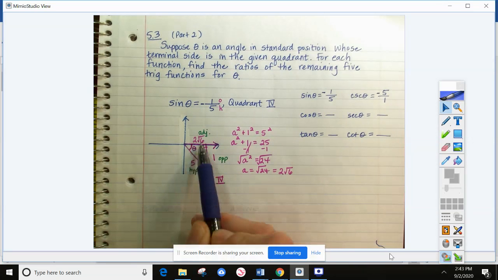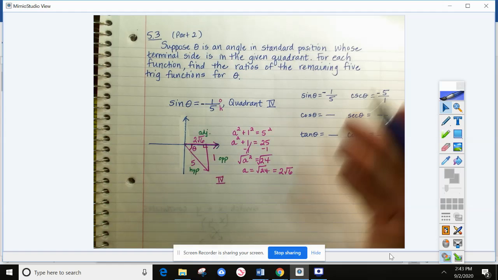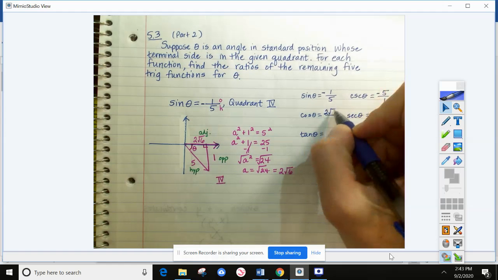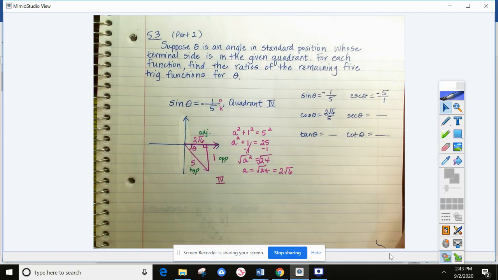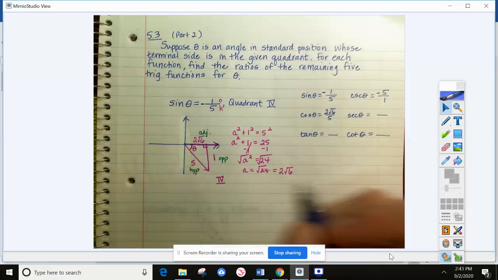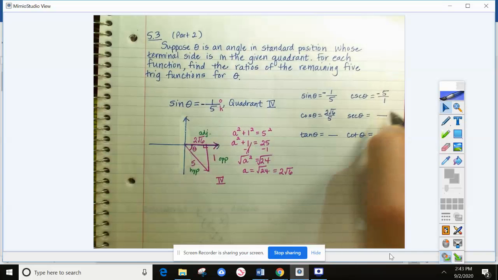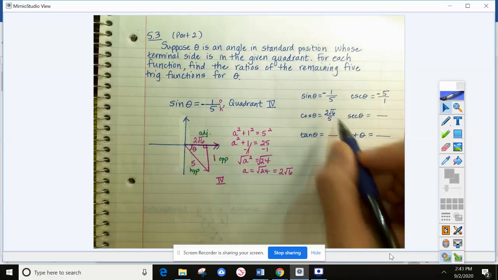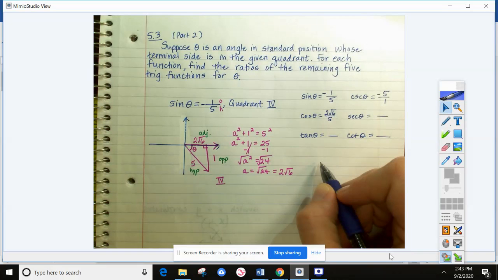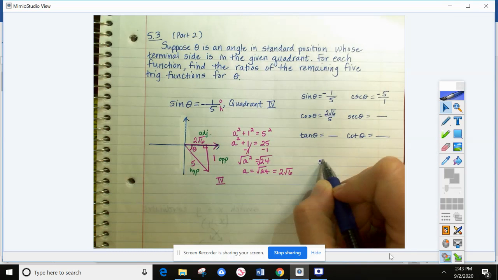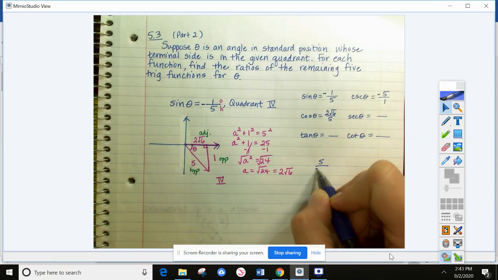Cosine is adjacent over hypotenuse. So that is 2 square root of 6 over 5. And then let's see, we'll go ahead and adjust the secant from there. Now I can already tell when I flip my cosine fraction, I'm going to have 2 square root of 6 on the bottom and 5 on the top.